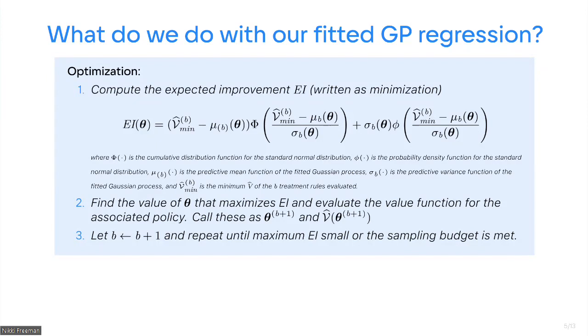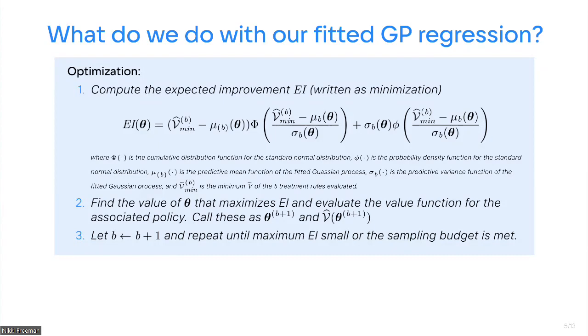Then we'll calculate its V hat because we have tools for that: IPW, AIPWE, G computation, whatever. And then we'll update our Gaussian process. We keep doing this until we've basically converged at an optimum, or our sampling budget is met. I'm tired of this, I'm done. I'm going to go get a snack and take a nap.